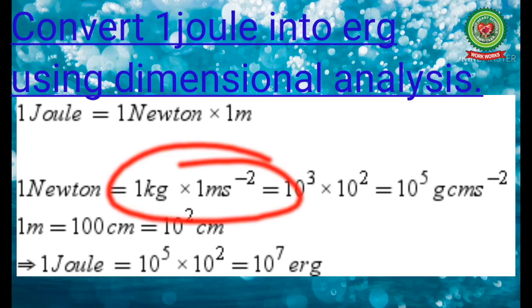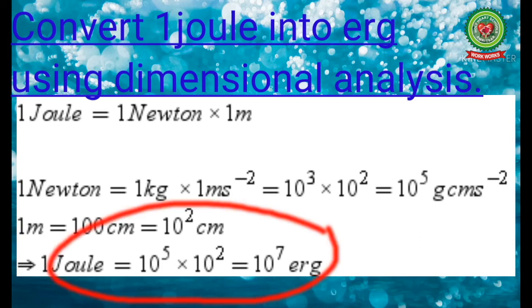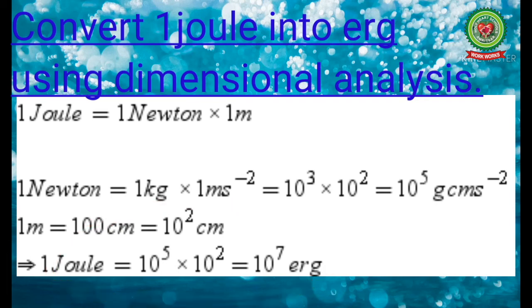In 1 kg, there are 10 to the power 3 grams, and in 1 meter per second square, there are 10 to the power 2 centimeter per second square. Hence, on putting these values, we will get 1 joule equal to 10 power 5 into 10 power 2, which is equal to 10 power 7 erg. In this way, we have converted 1 joule into erg.